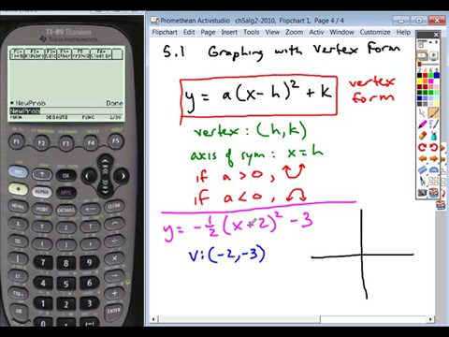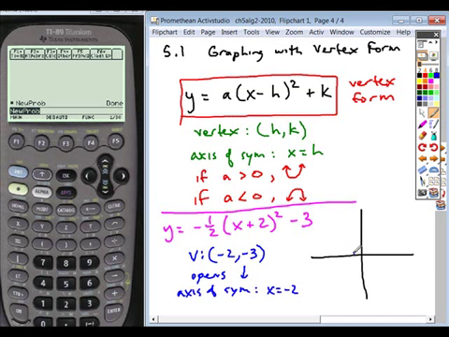Okay. Now, are you expecting this to open up or down? It's going to open down because you have a negative coefficient out front. And then what is your axis of symmetry? It's the vertical line x equals h, which was -2.